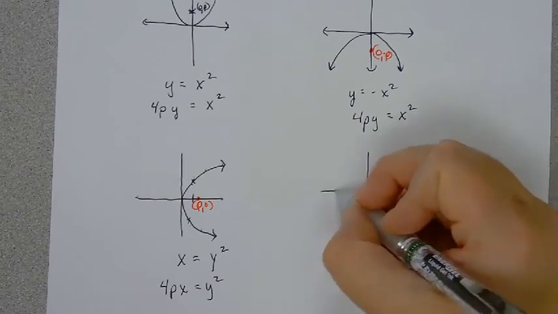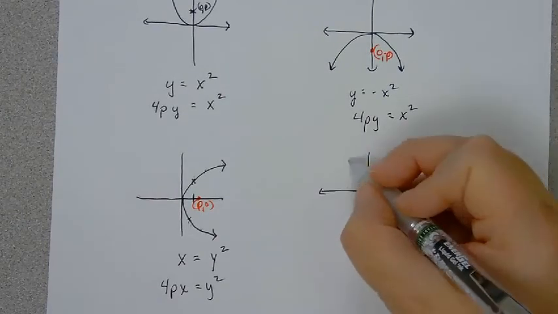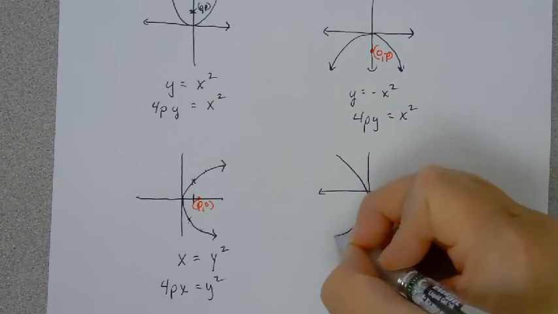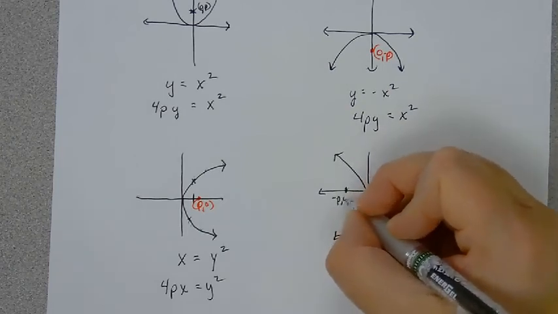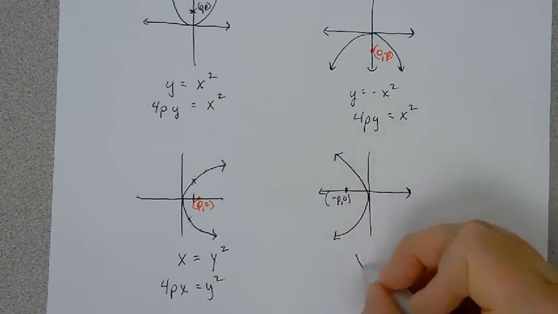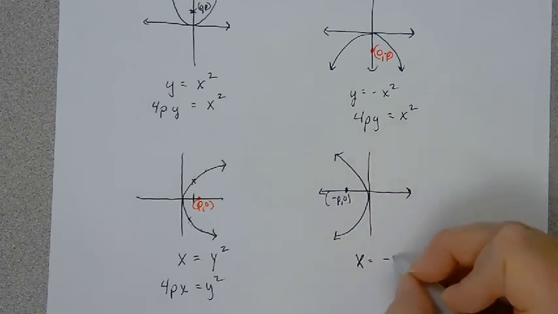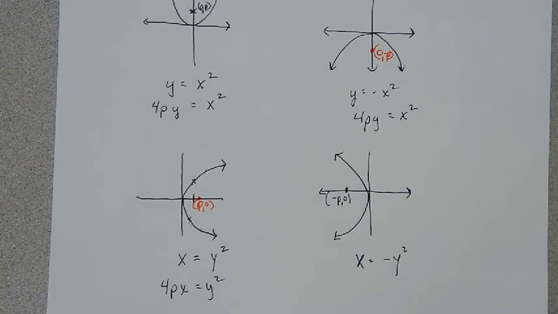So same thing when it opens to the left. It looks like this. The focus is in here at (negative p, 0). So the formula would be x equals negative y squared. And the focus form would be 4px equals y squared.